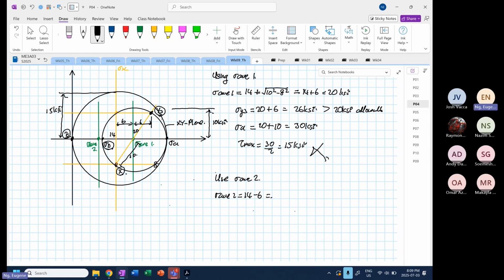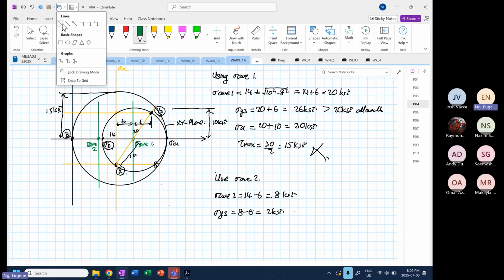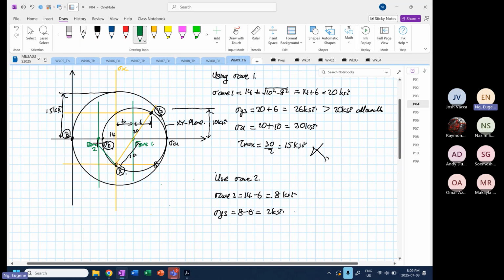So 14 minus 6 is equal to 8 KSI. And then your stress Y3 now will be equal to 8 minus 6 again, so this is equal to 2 KSI. What we have just done is we have used the other point to find our Y2 value.